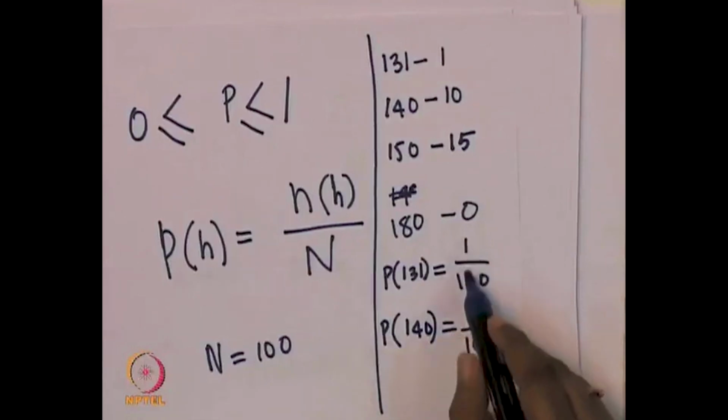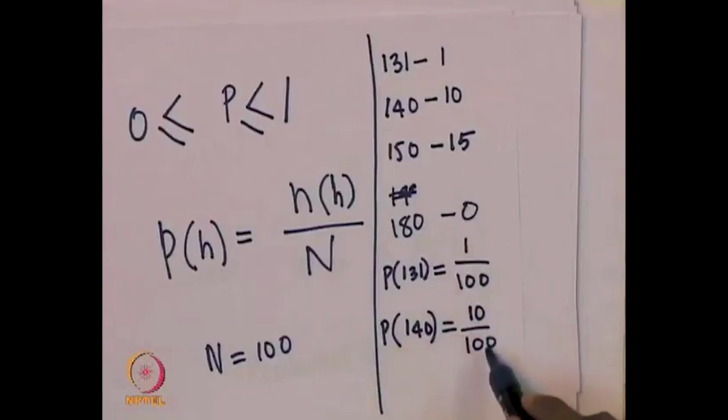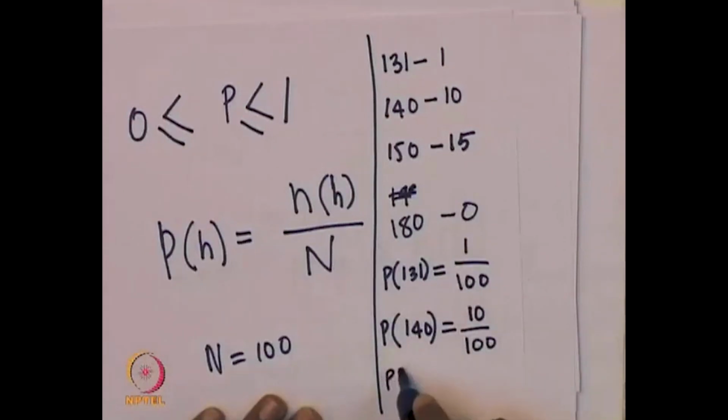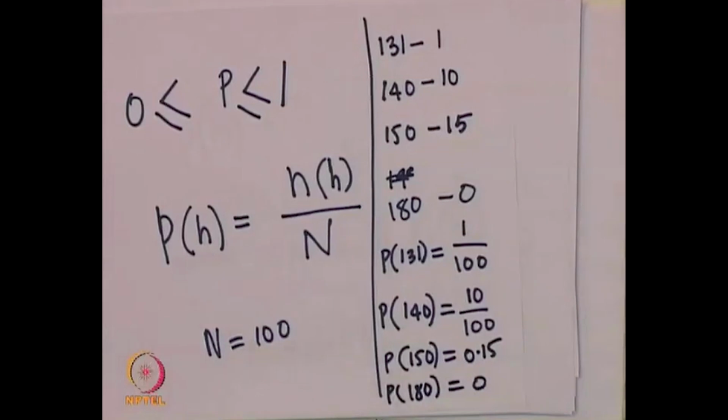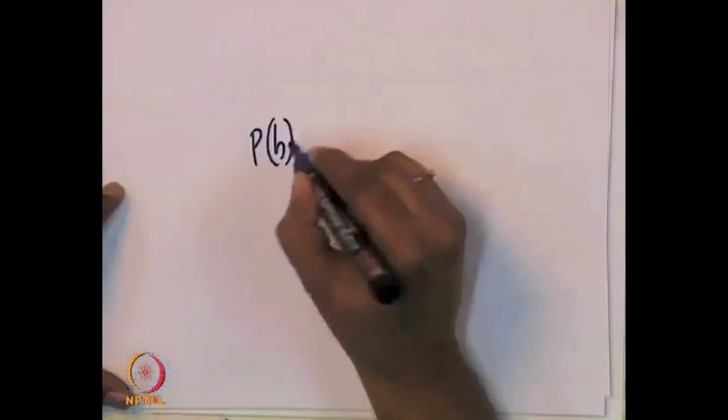So, 1 by 100 is 0.01, 10 by 100 is 0.1. P of 150 is 15 by 100, which is 0.15. P of 180 is 0 by 100. So, probability P of h is some number between 0 and 1.